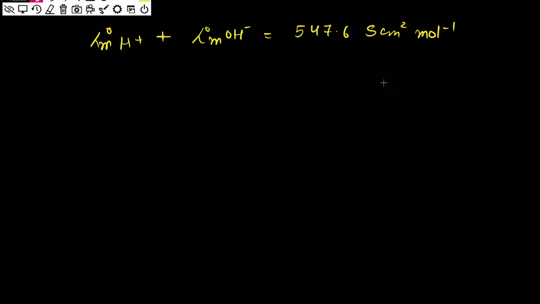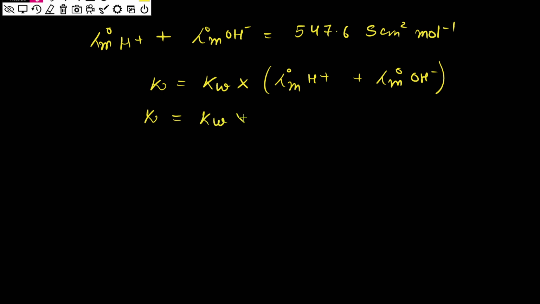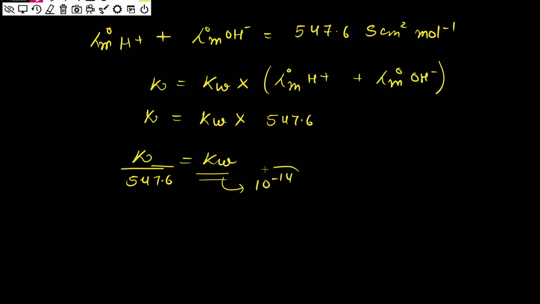Okay, now after this we already know that kappa is equal to Kw, the ionic product of water, multiplied by H plus and OH minus. So this can also be written as Kw multiplied by 547.6, and Kw we can determine as kappa upon 547.6, and because it is ultra pure water it should be around 10 to the power minus 14.